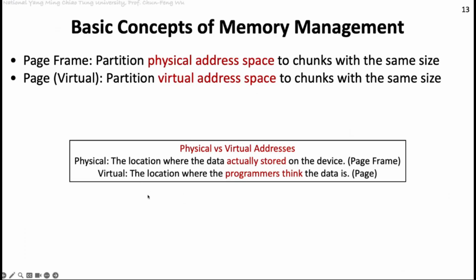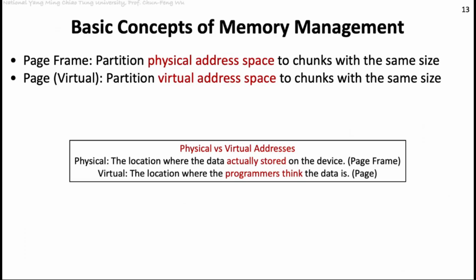But virtual means the location where the programmers think the data is. So it doesn't relate to what kind of device it is, because the programmer doesn't really know the address on DRAM. Not even DRAM. For example, currently we have swap, right? The programmer doesn't really know whether the program is now on the DRAM or on the storage device, because we have swapping.